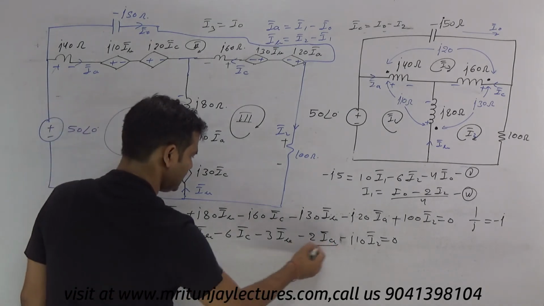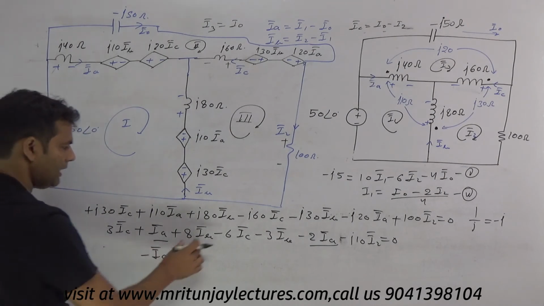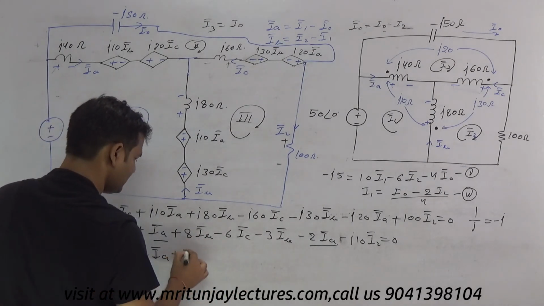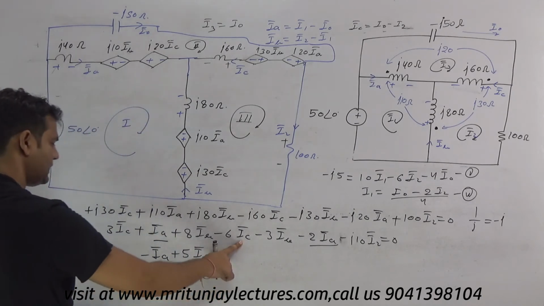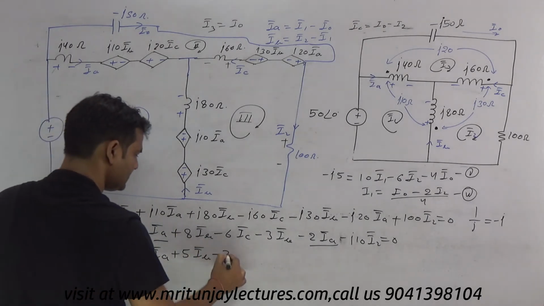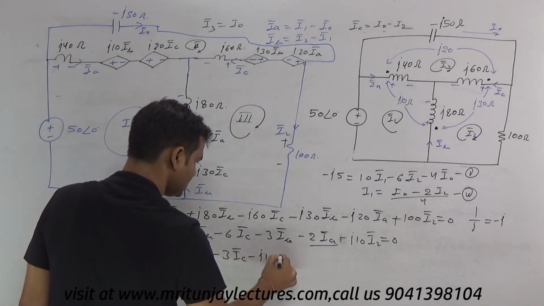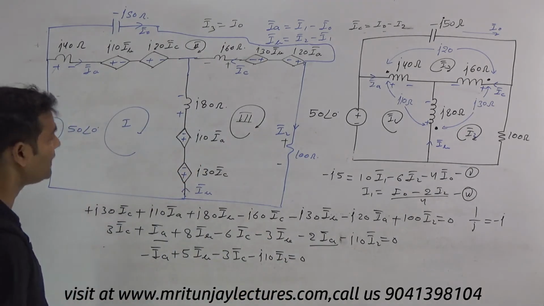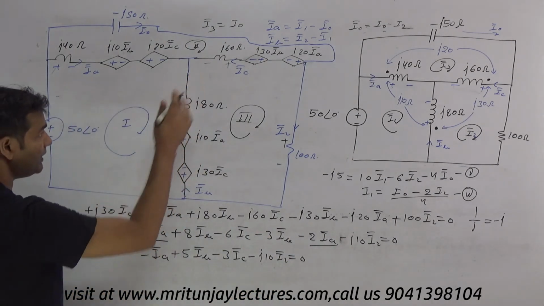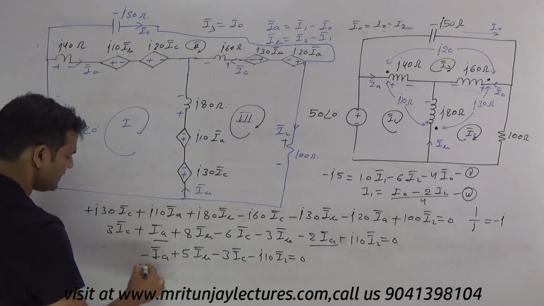Now IA and IA, that is minus IA, IB and IB, that is plus 5 IB, minus 6 IC, that is minus 3 IC, and minus J 10 I2, this is equal to 0. So what about IA? Minus I1 minus I naught, it means that it is written as I naught minus I1.